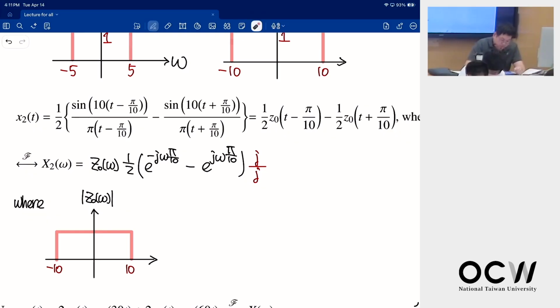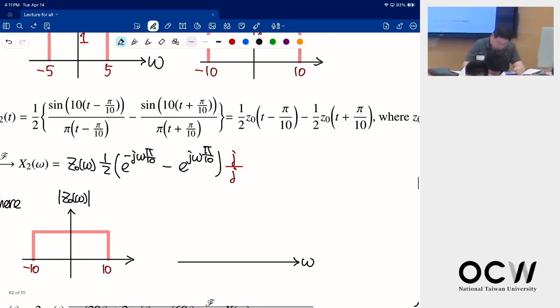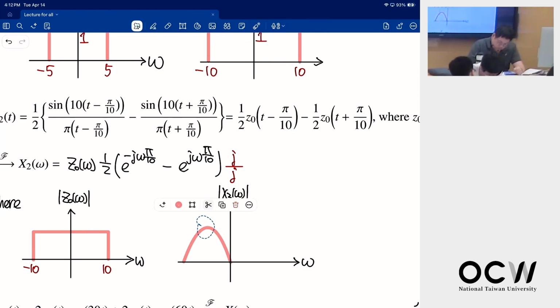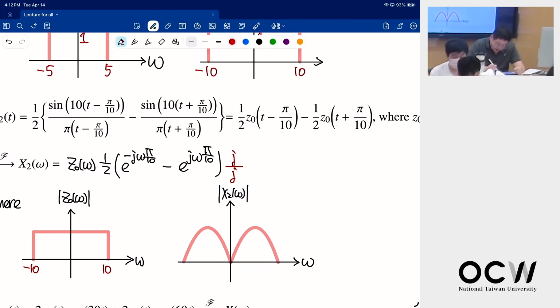So my x2 looks like McDonald. The magnitude is 1 from minus 10 to 0, 0 to 10.